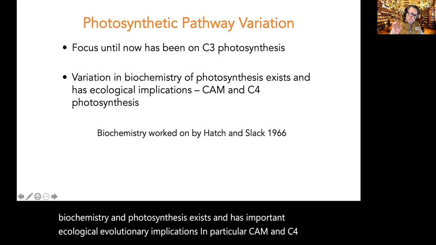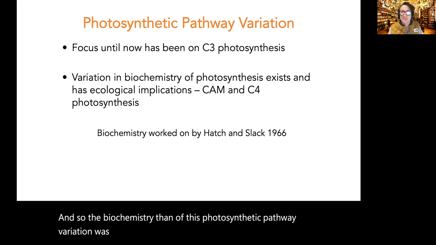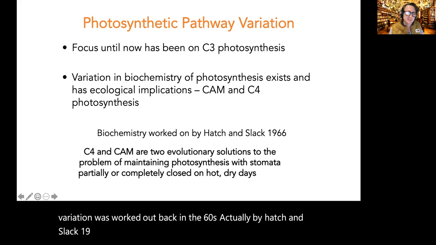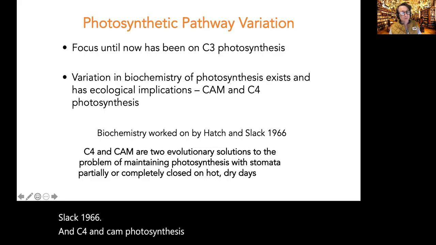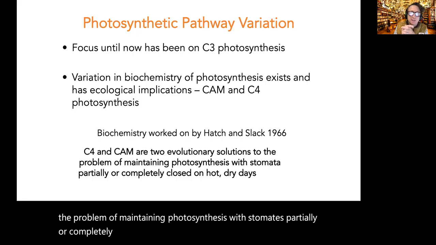The biochemistry of this photosynthetic pathway variation was worked out back in the 60s, actually by Hatch and Slack in 1966. C4 and CAM photosynthesis are two evolutionary solutions to the problem of maintaining photosynthesis with stomates partially or completely shut on hot, dry days.